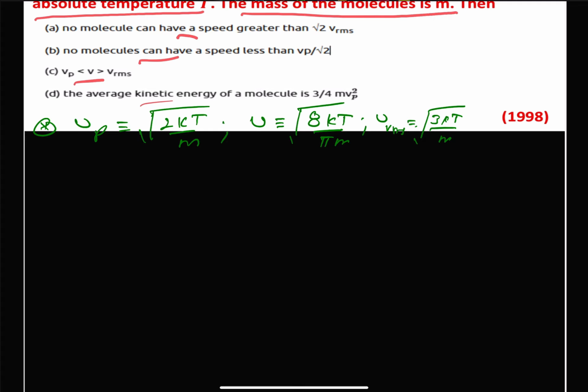So we know that our Vp is equal to square root of 2 kT upon m, and our V is square root of 8 kT upon pi m.